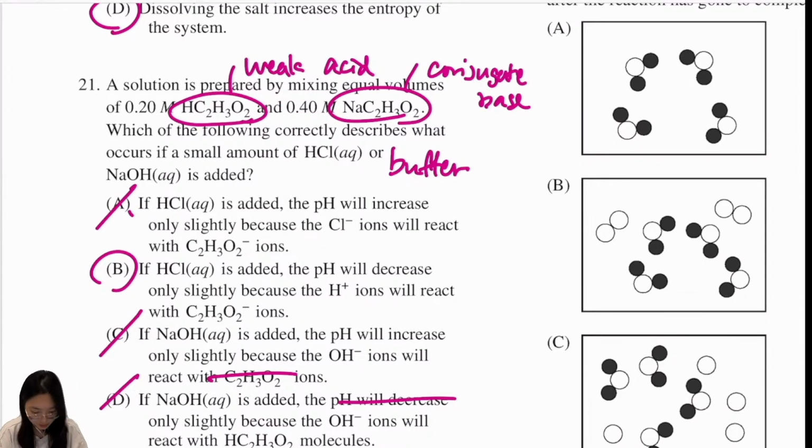So more of the conjugate base means it's better at resisting the pH change when strong acid is added. It can resist a change when either strong acid or strong base is added, but it's slightly better when strong acid is added because it has more of the conjugate base. So it can actually remove more of the protons than the hydroxide.